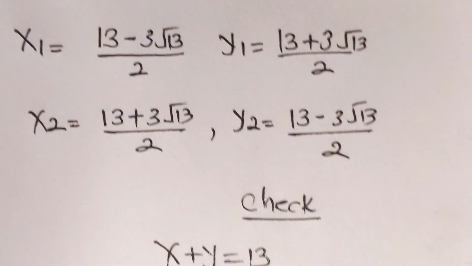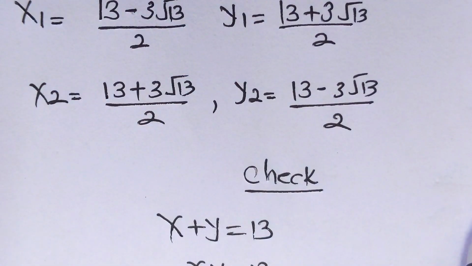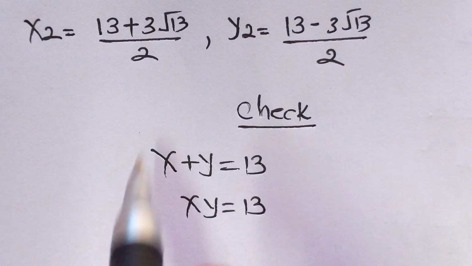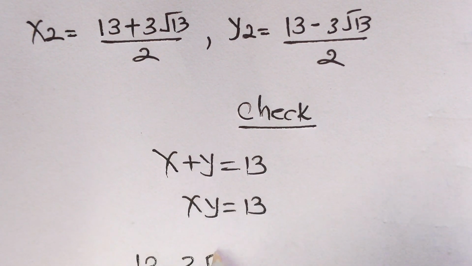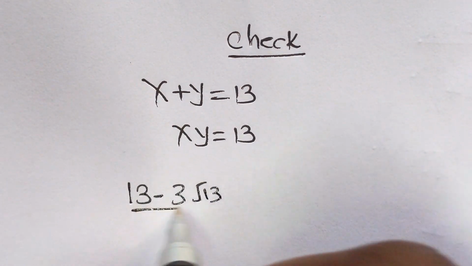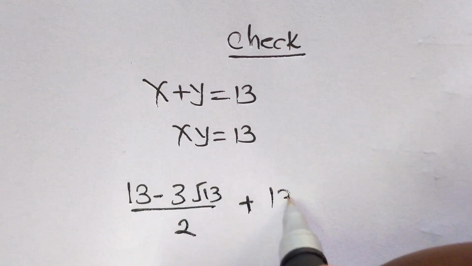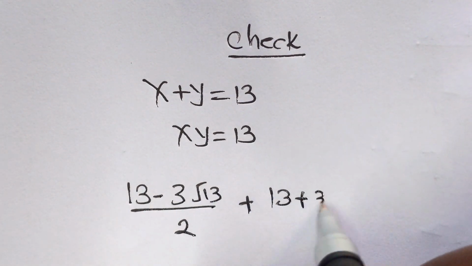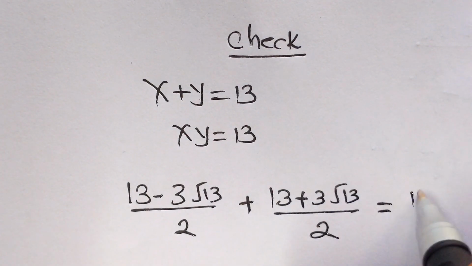We are going to choose this one. Of course, we have x, which is 13 minus 3 square root of 13 over 2, plus the opposite, 13 plus 3 square root of 13 over 2, which should be equal to 13.